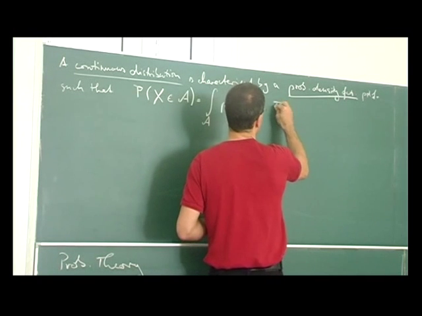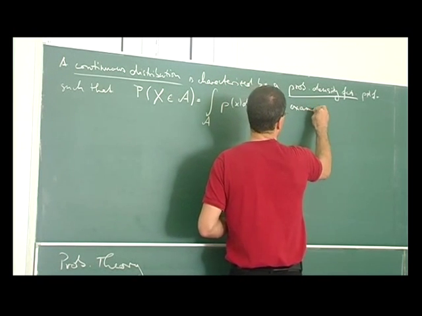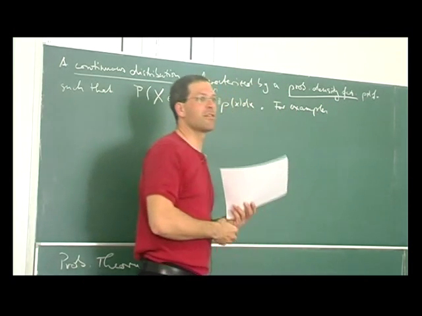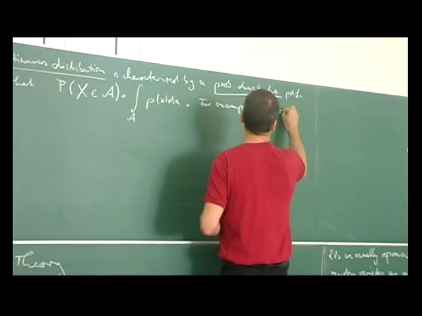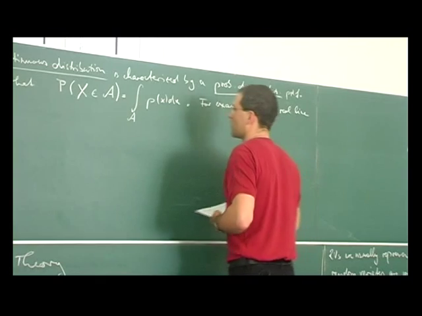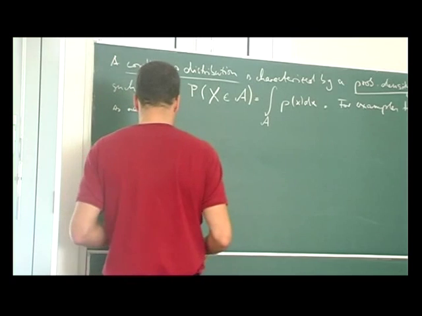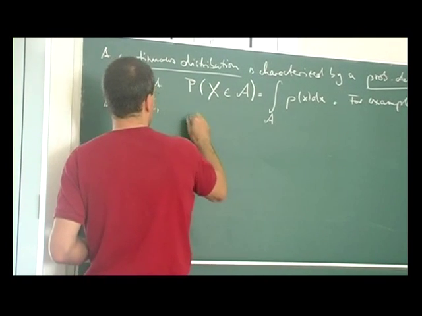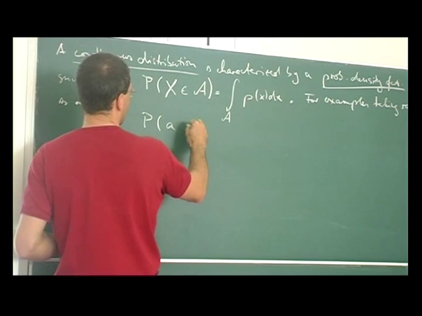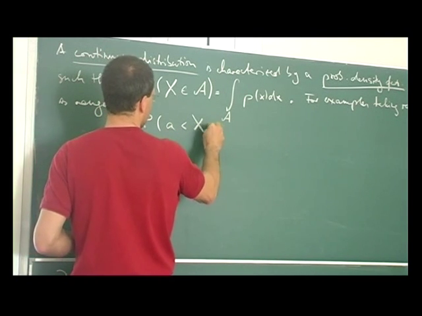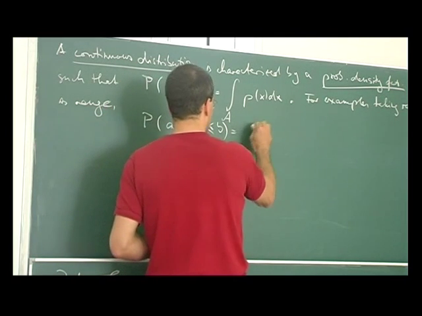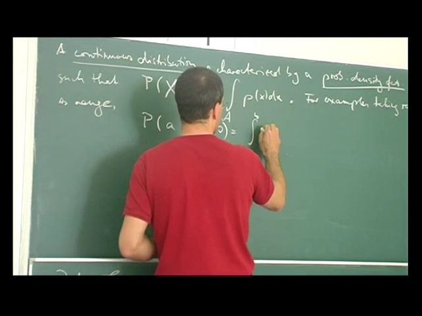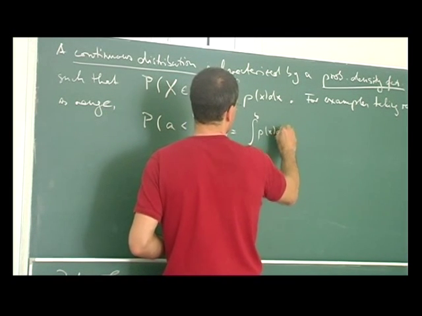So, for example, if we take the real line as a range, we can write the probability of x being larger than a and less than or equal to b as just the integral from a to b over this probability density function.